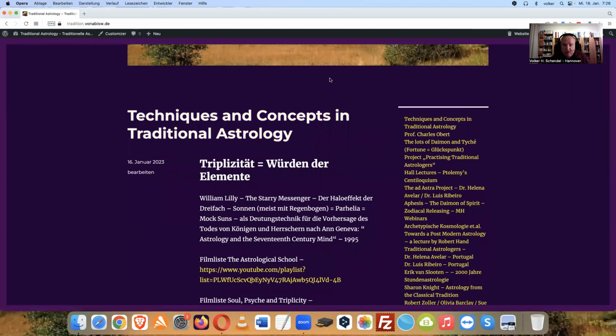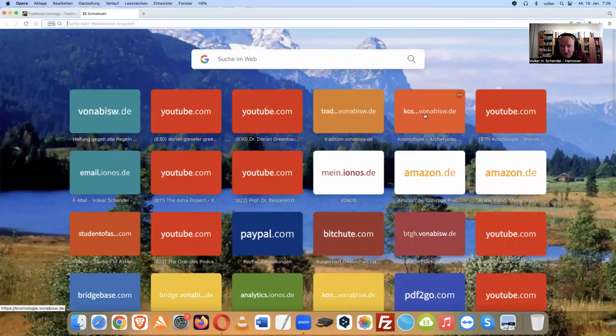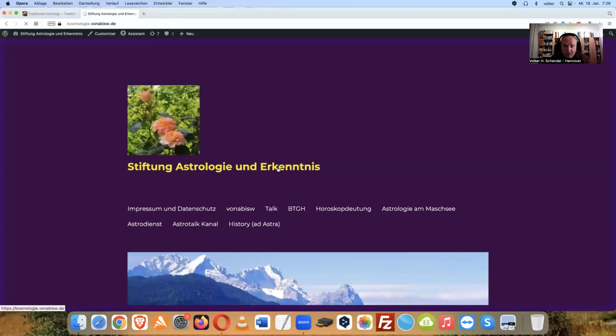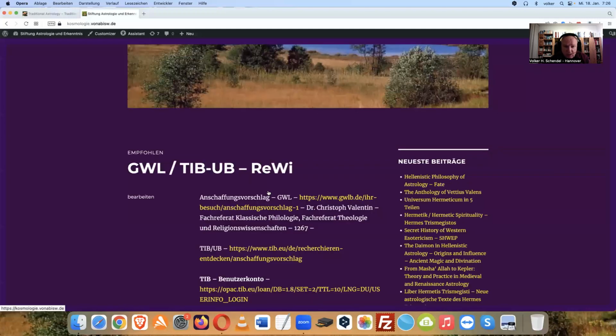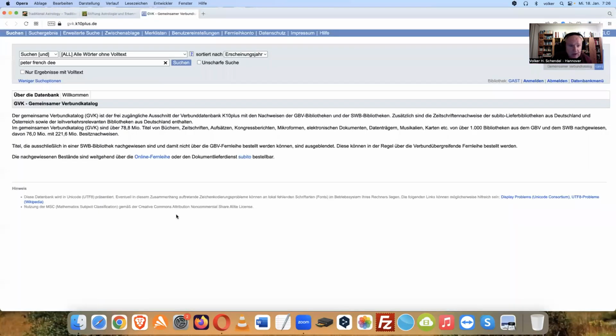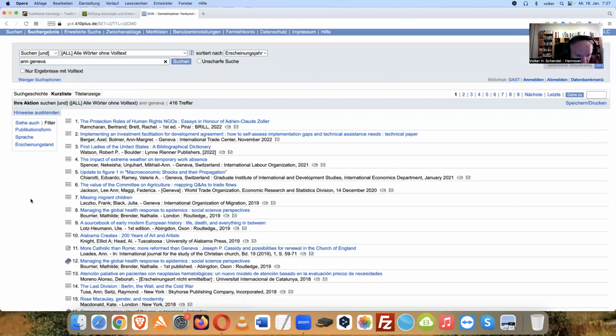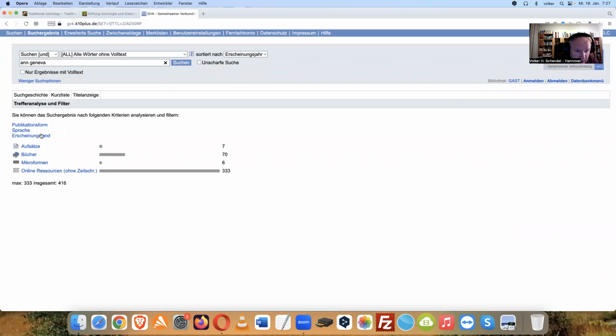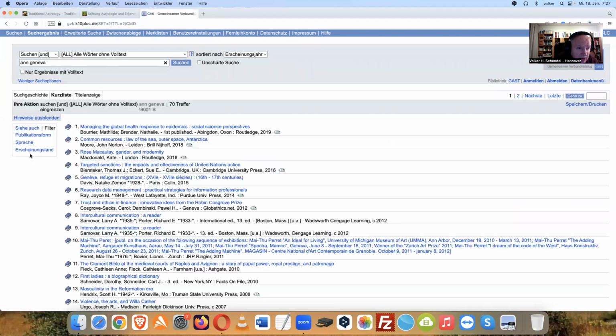And for that, we use a book written by Geneva, and you can get the book by long distance lending worldwide, I believe. Especially in Germany, it's very easy. So in Germany, we go to the GVK Plus catalog, and here we go to the book.